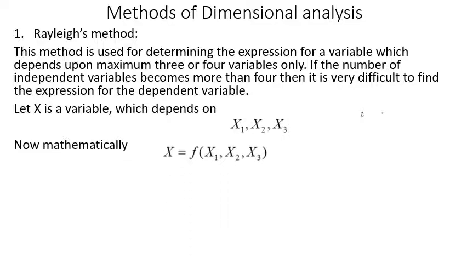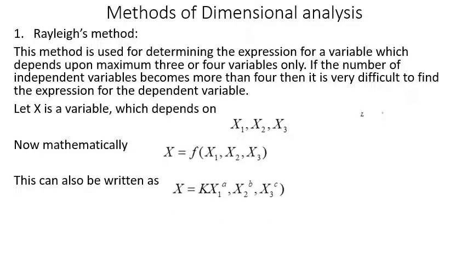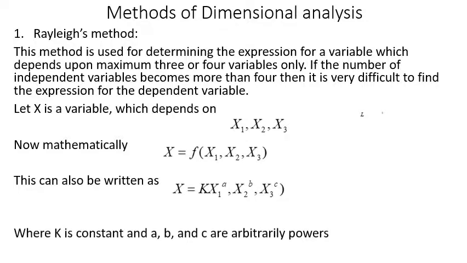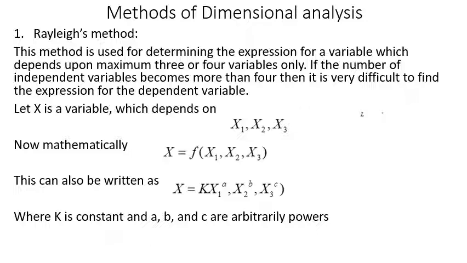Mathematically we can write this as x is a function of x1, x2, x3, and this can also be written as x is equal to k into x1 to the arbitrary power a, x2 to the arbitrary power b, and x3 to the arbitrary power c, where k is a constant and a, b and c are arbitrary powers.